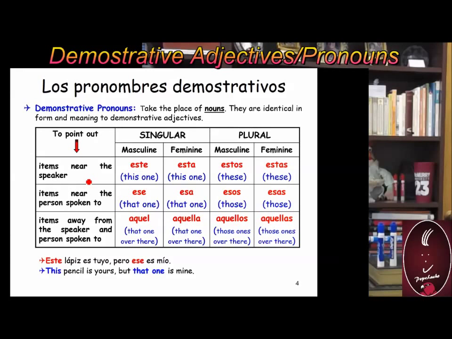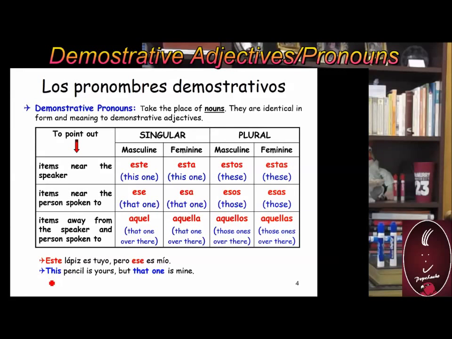Let's review this example. Este lápiz es tuyo. Este is a demonstrative adjective because it's pointing to a noun. Pero ese es mío. This ese is replacing the noun lápiz, so this ese is called a demonstrative pronoun because it replaces a noun.